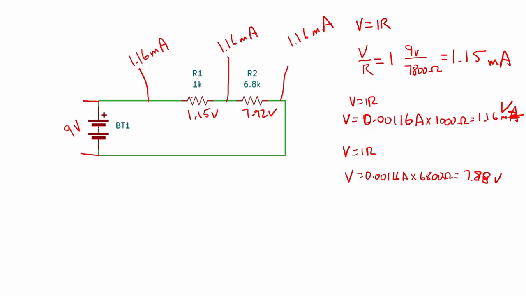We can actually work out the resistance that was actually there by going R equals V over I. In this case, that's going to be 9 volts over 0.00116 amps. That gives us 7.76K, which is pretty close to our 7.8K, given the resistors. I bet if we measured those resistors, we'd get 7.76K.